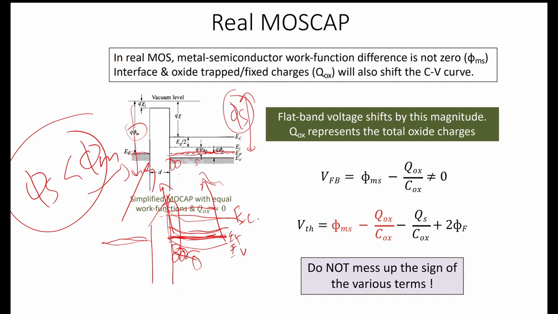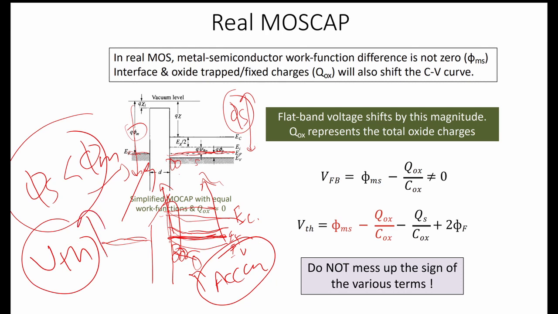So it is already in the accumulation region. So in this case VTH will be more, because first we need to remove this accumulation region. To remove it, how much voltage do we need to apply?